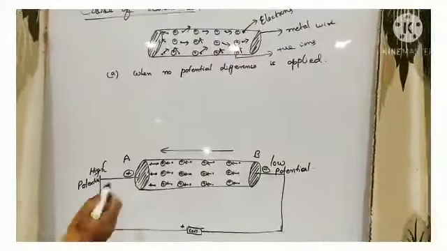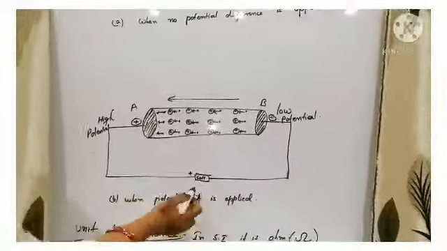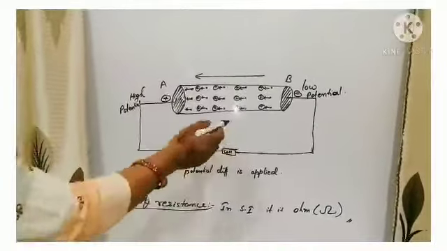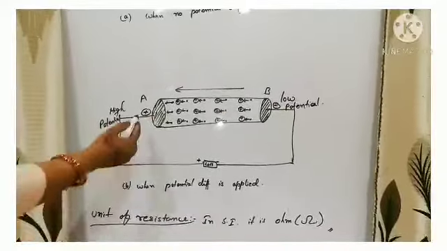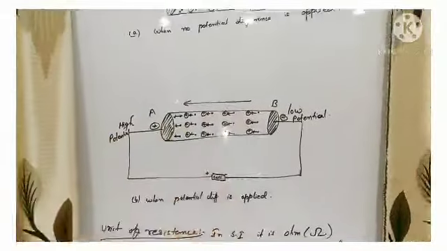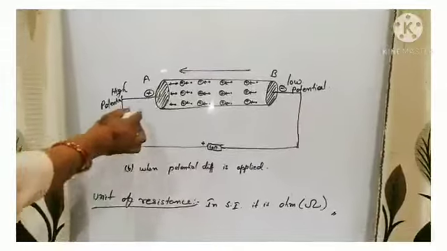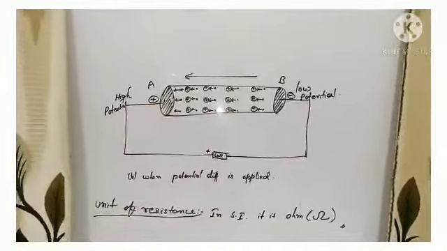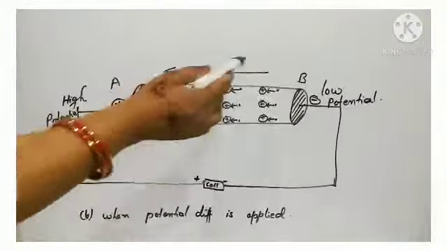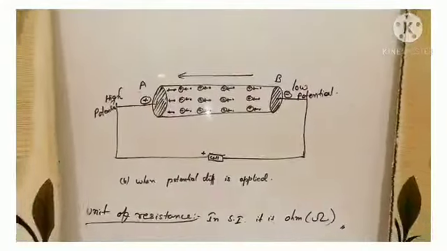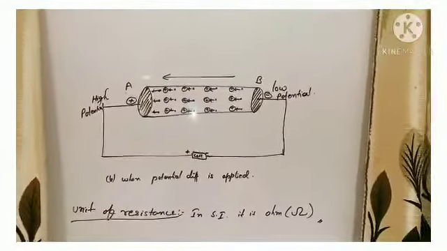Now, when this metal wire is connected to the cell, that is, when a potential difference is applied to it, on this side we get the positive terminal and on that side the negative terminal. That means this side is high potential. Suppose these are points A and B: at point B we have a low potential area and at point A a high potential area.